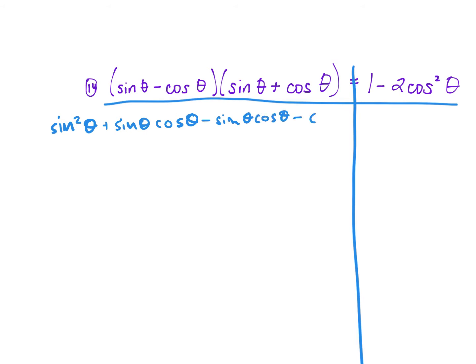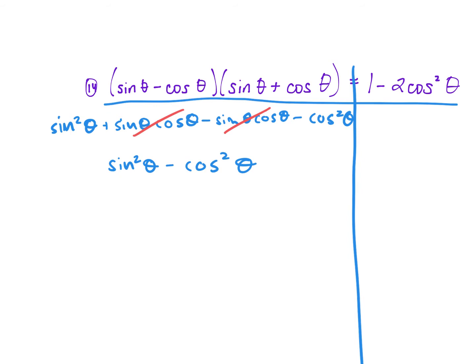And then minus cosine squared. What can I do next? Cancel. So I have sine times cosine minus sine times cosine. So these are like terms here, so they'll cancel out. And then I'm left with sine squared minus cosine squared. Be careful, this is not an identity. Our identity is sine squared plus cosine squared. So we can't just cancel this out and make it 1.